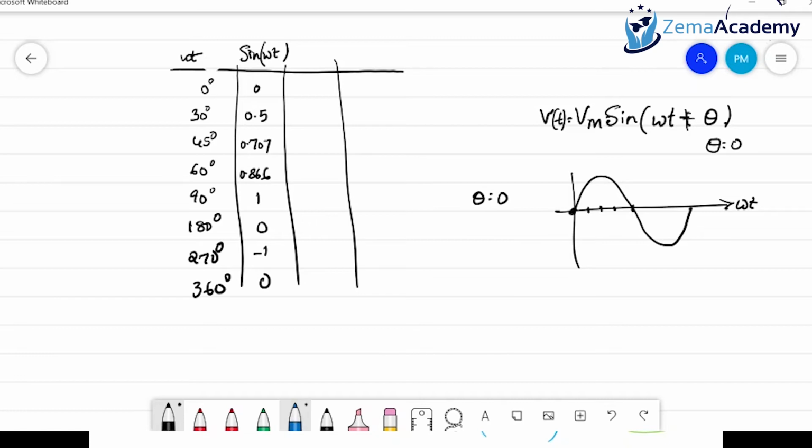Now, if you then have sine omega t plus theta, which will go in here, from our understanding plus theta should make the waveform go to the left. So that's your theta.